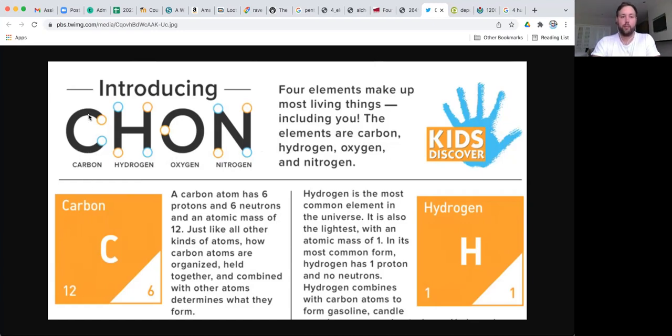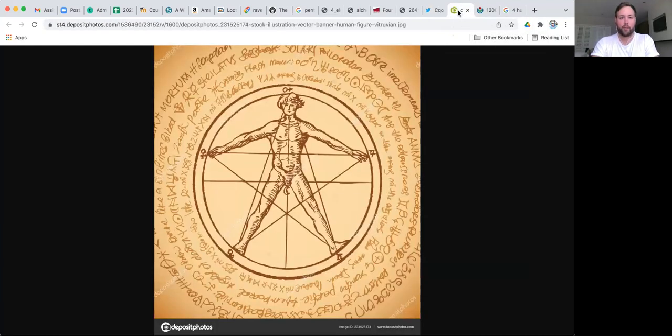Carbon is what we would refer to in ancient terminology as earth element. Hydrogen as water element. Oxygen, the air, and nitrogen, fire. So these four base components of your being are really the four elements that we've been speaking about since ancient times.